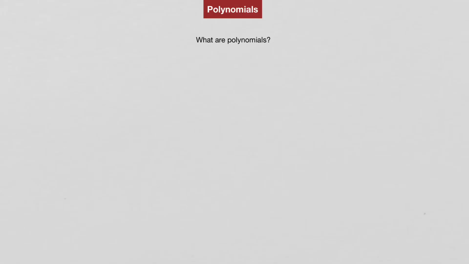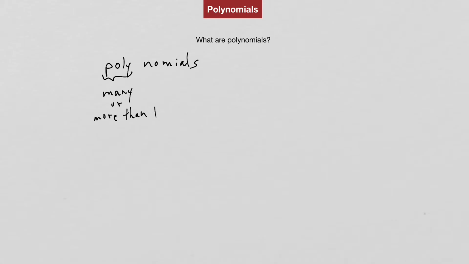Okay, so the first question is, what are polynomials? What you will notice when you take a look at the word polynomials is that if you break it up into two parts, you'll see that it's poly and nomials. Poly means many or more than one.